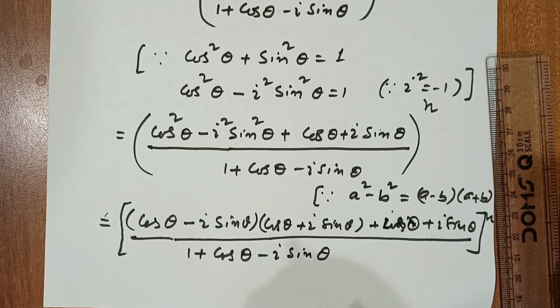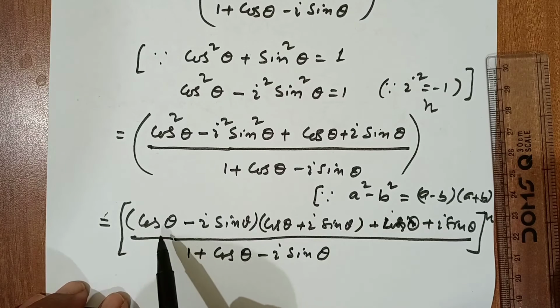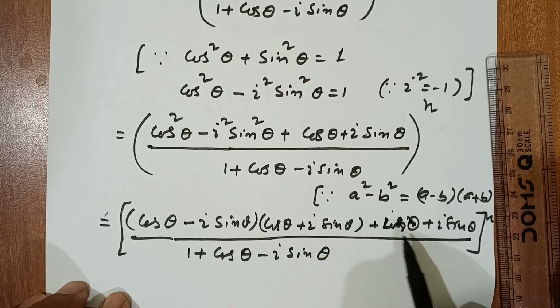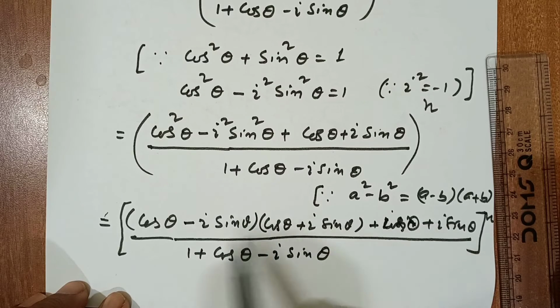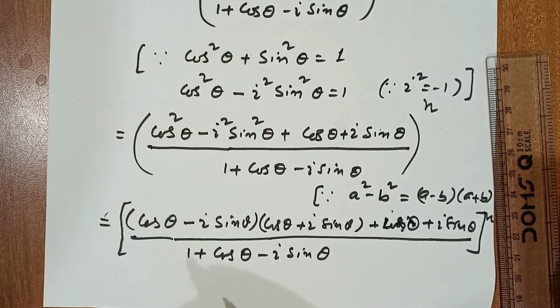Now here there are two terms, so cos theta plus i sin theta is common in the numerator.